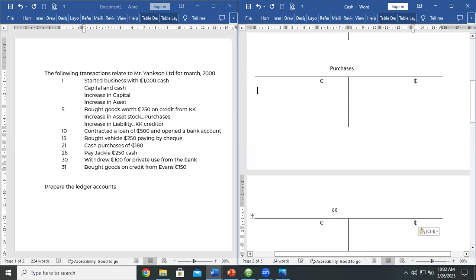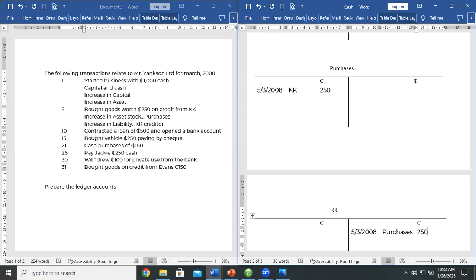No, please. Okay. So we always debit purchases, 5th March 2008. The narration will be KK, which is the other account we are going to pass the other entry to. The amount is 250. We come to KK's account and credit it, 5th March 2008, purchases, 250.